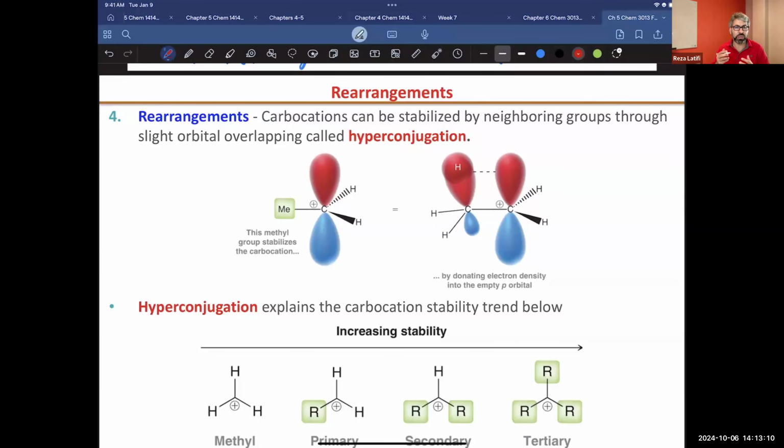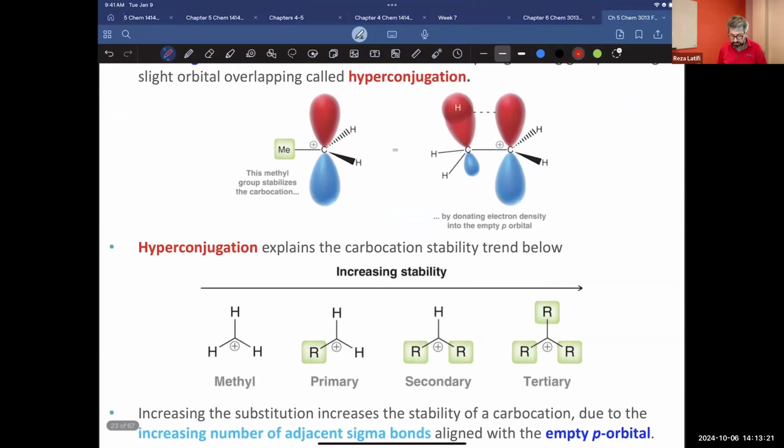In any way, if you can make the positive charge less, that's going to make the system happier. And here we have methyl, primary, secondary, and tertiary. The tertiary carbocation is the most stable one. Why? Let's talk about them.